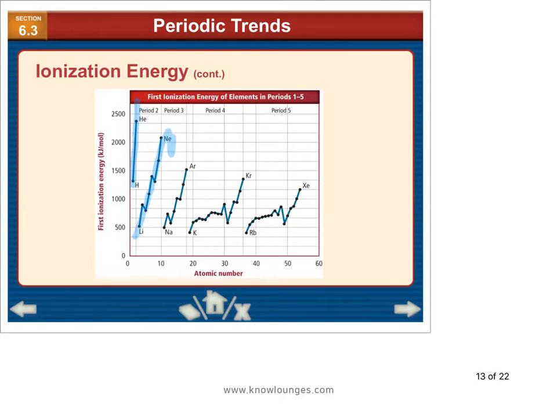You can see little jumps in there where it's not going up. And the same thing with period 3 going up, period 4 going up, period 5 going up. You can have some little discrepancies in there, but the general trend is as we're moving left to right, ionization energy is increasing.